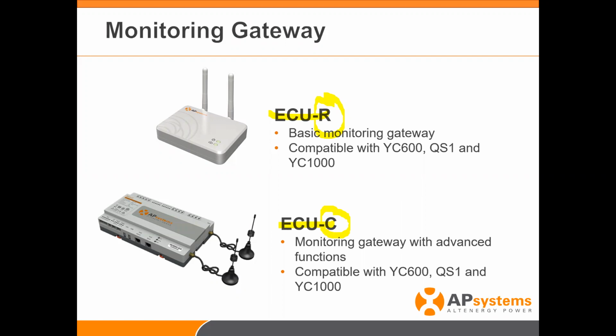What we're finding actually is in many situations, many people are just using the R. It's a very basic, as it says, basic monitoring gateway. But the nice thing about it, it's compatible with all the products. It speaks the same language, right? So this particular product, and we'll dig deeper today and a lot deeper tomorrow into the Zigbee technology that we're utilizing here to communicate to the inverters.